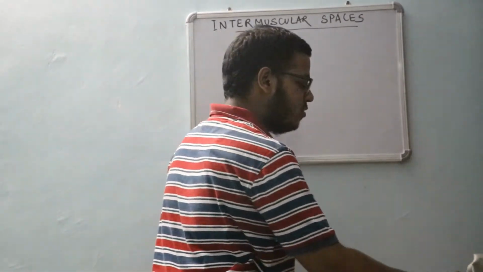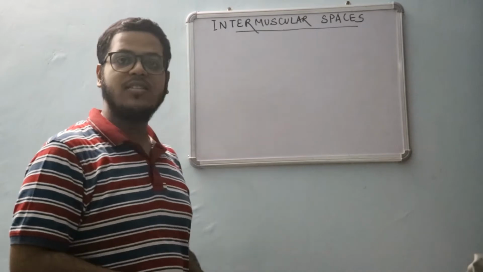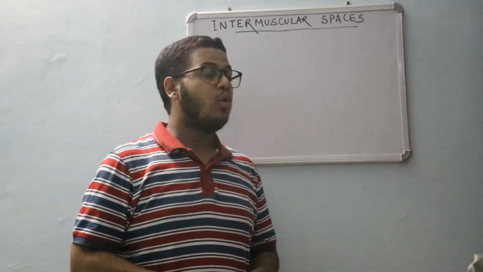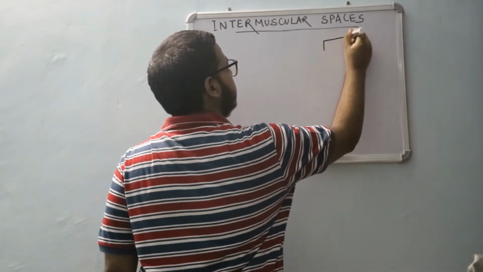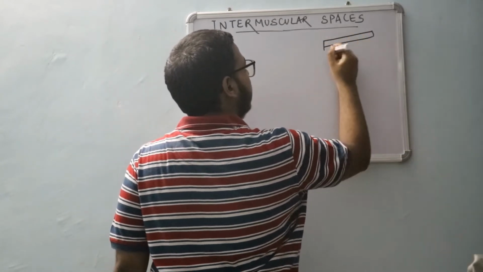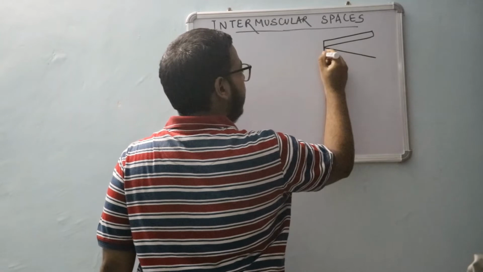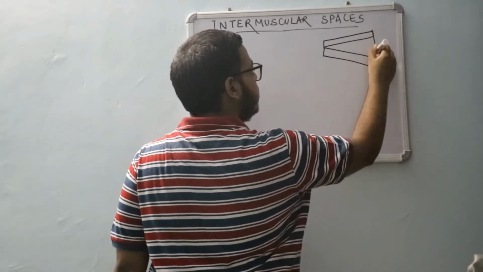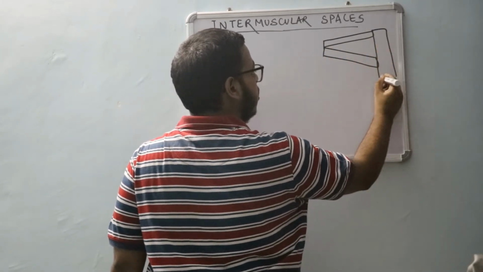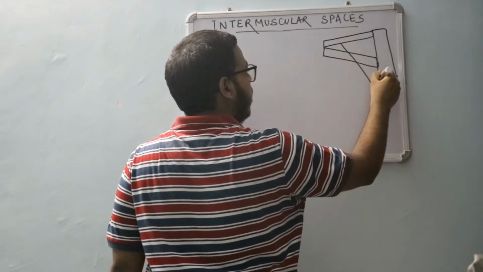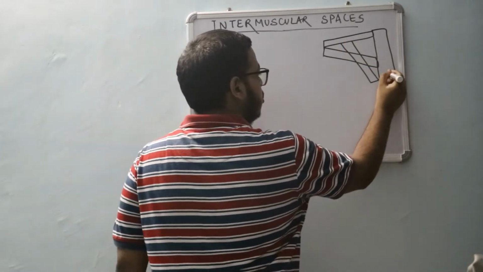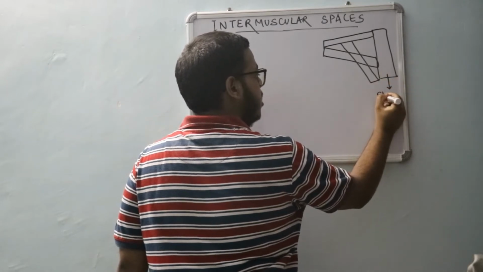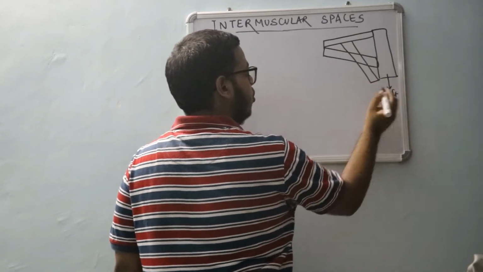Now let us discuss the three intermuscular spaces individually. First we will start with the upper triangular space. But before that, let us make a very simple schematic diagram of the structures. This is the shaft of the humerus.